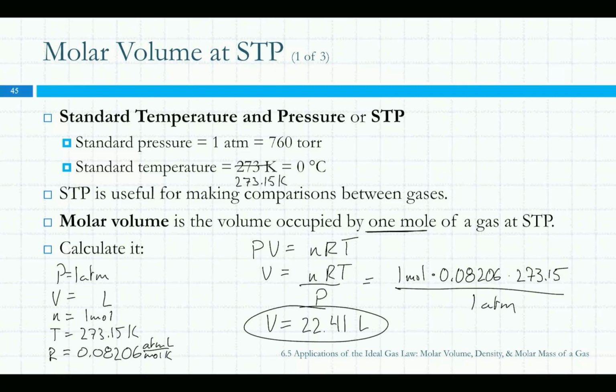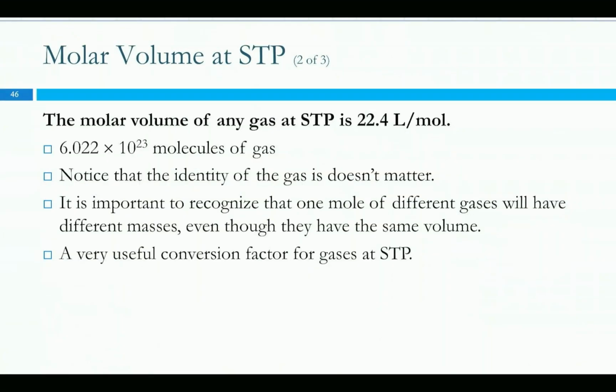Could be oxygen, could be xenon, could be fluorine. Better hope it's not fluorine. Fluorine is scary. Low pressure, high temperature, and we'll talk about why. 22.41 liters of gas has 6.022 times 10 to the 23 molecules of gas. Again, doesn't matter the identity of the gas, it'll take up that amount of space.